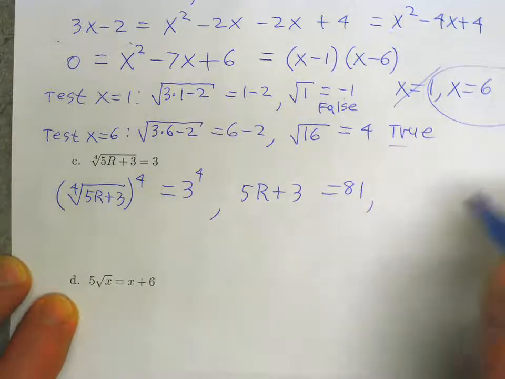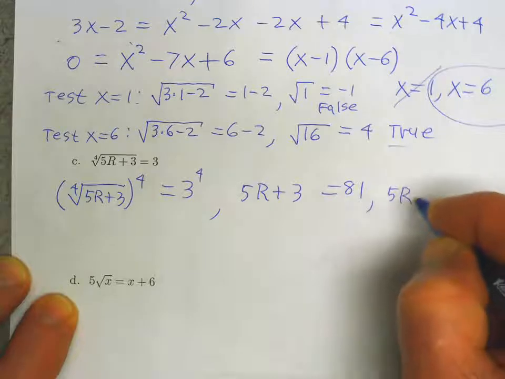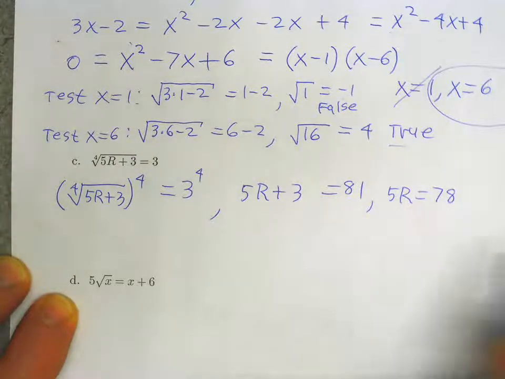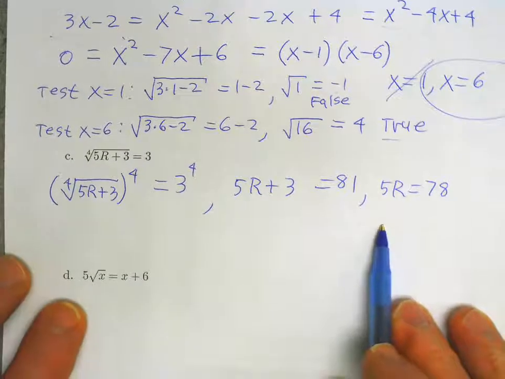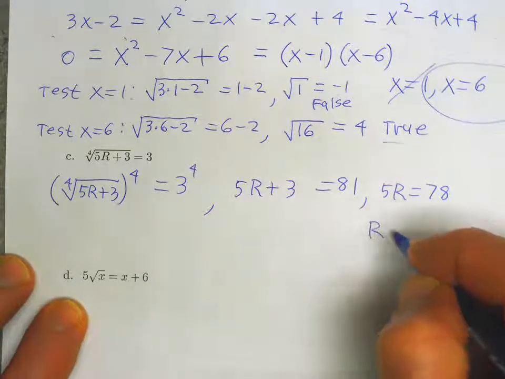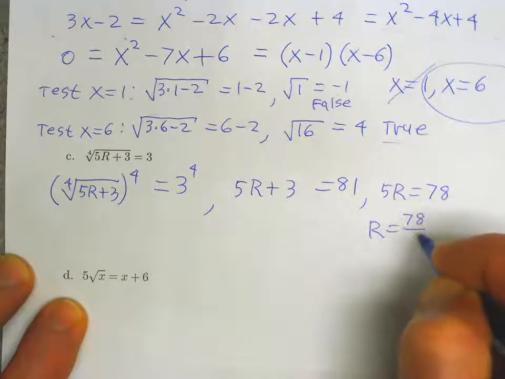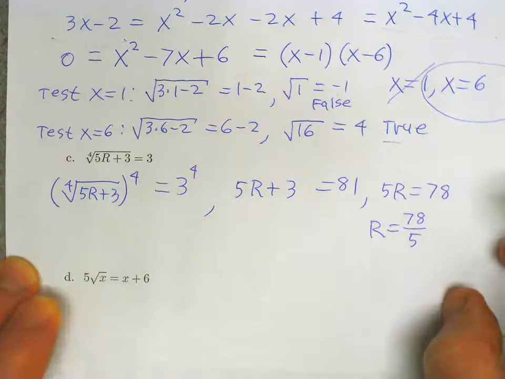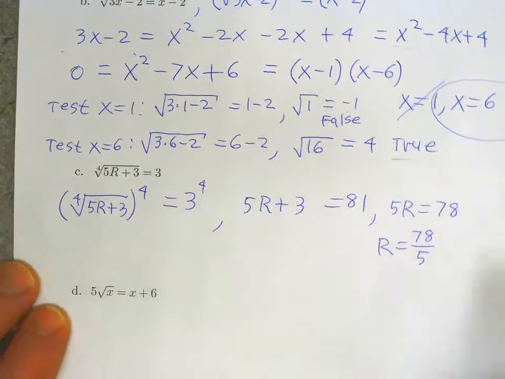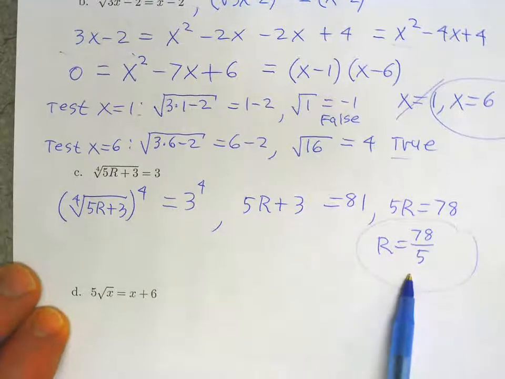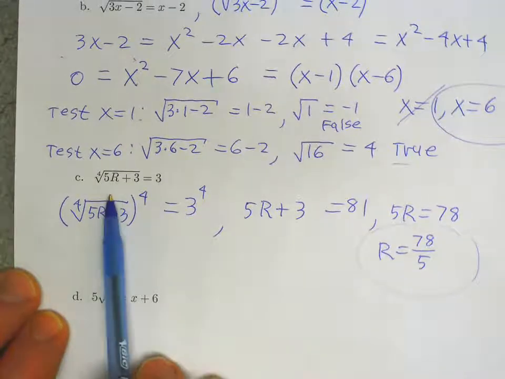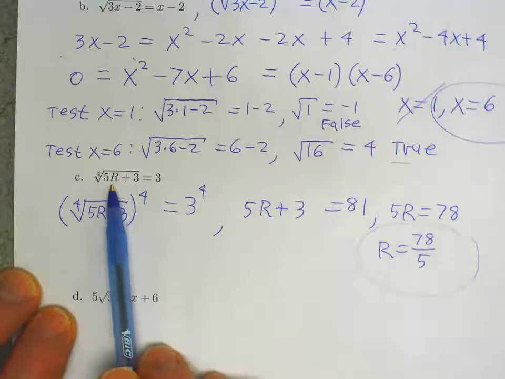And then this is a simple equation to solve for r. Subtract 3 from both sides, we get 5r equals 78. And then divide both sides by 5. R is equal to 78 divided by 5. Okay, this one is easy to verify that it really is the solution. I'll just point out, this is similar to what we did earlier in an example.